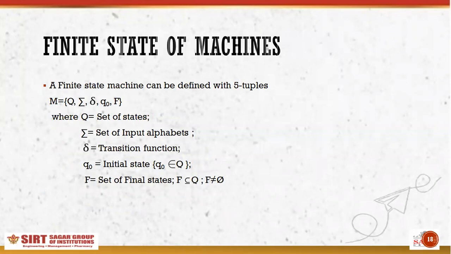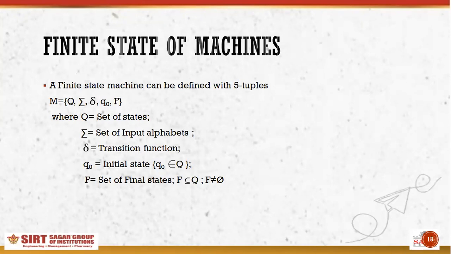Now I will move on to the very first topic of this subject, that is finite state machine. Now what is a finite state machine? It is a model, or you can say a logic, which is used in two ways.